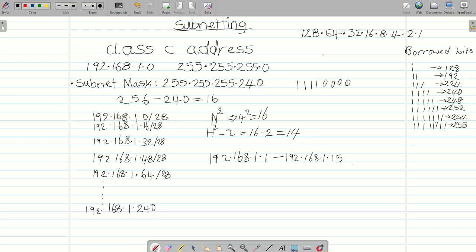You add 1 to the first IP address, so that's how it goes. So we need to have 16 subnets. I just run it up like that, and then we have 14 usable IP addresses in each subnet.